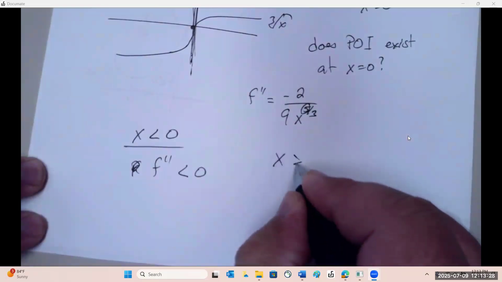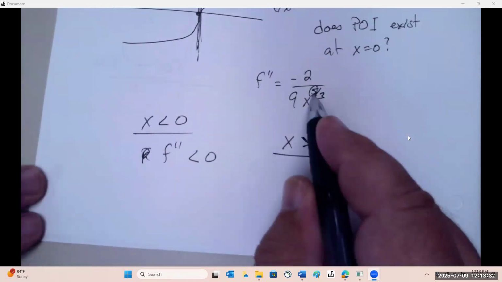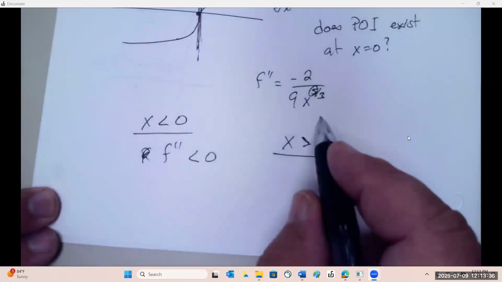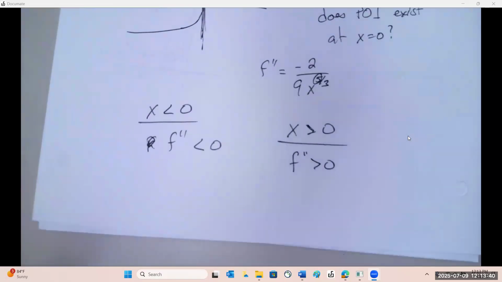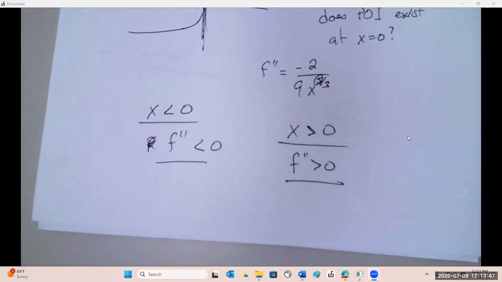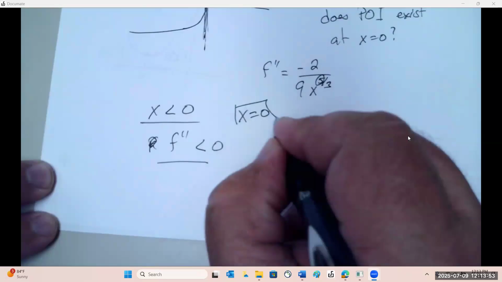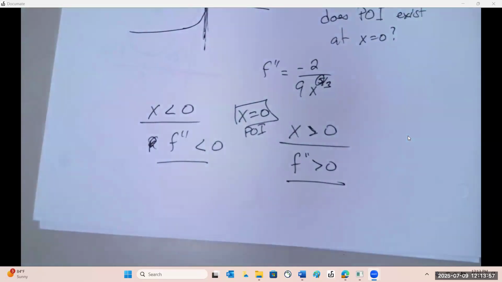If x is positive, a positive number raised to the fifth, still positive. Cube root of a positive number, still positive. Because they have different signs, that means at x equals 0, there's a point of inflection by definition.